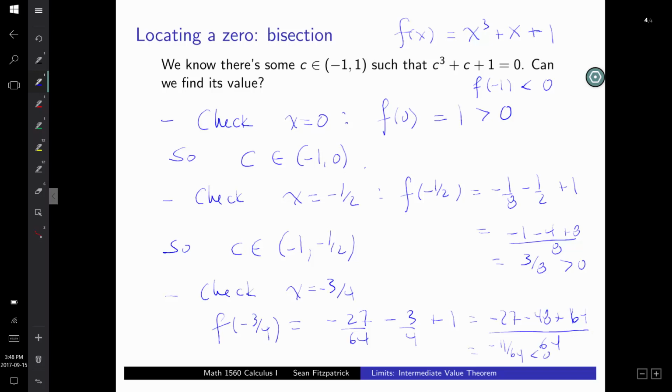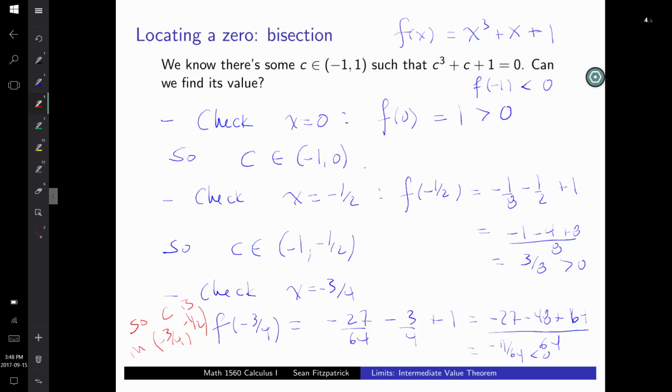So now at -3/4, I know that it's negative, and so that means that c is now between -3/4 and -1/2. And then we could keep it going.